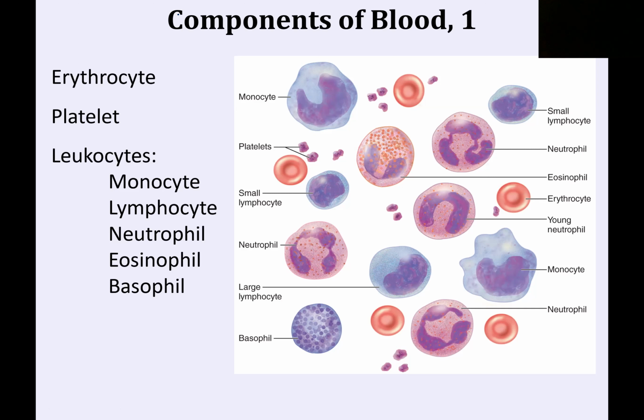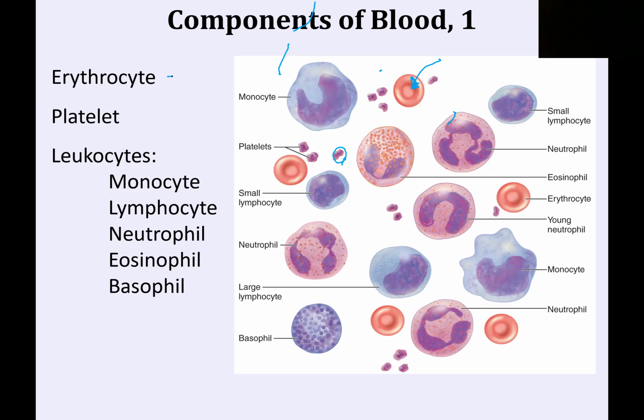Okay, these red, which look like an indentation in the, anyway, those are the most numerous. They're the medium-sized formed elements. Platelets are these teeny tiny little circles. They're a fragment of a cell. And then leukocytes, white blood cells.